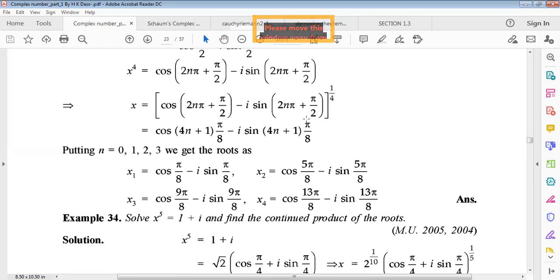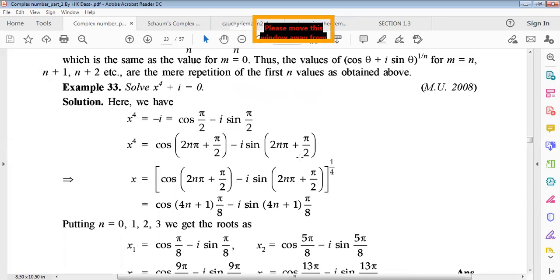Putting n equals 0, we get the first root x1. For n equals 1, we get the second root. For n equals 2, the third root. For n equals 3, the fourth root. This is the result of this equation.